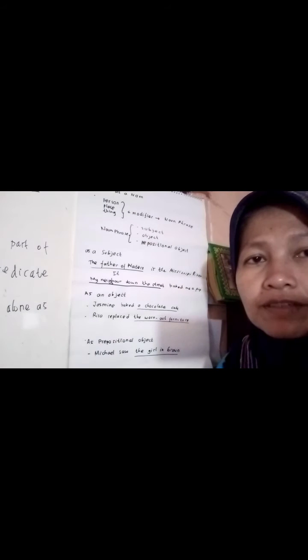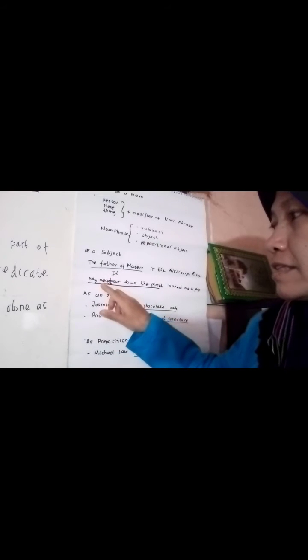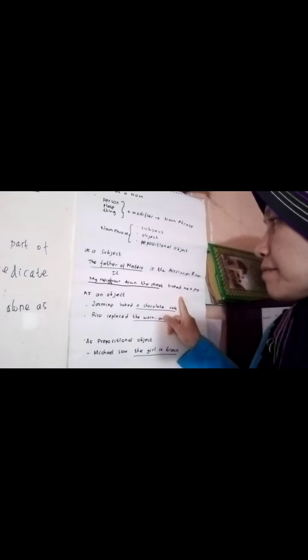The example of how to spot a phrase as a subject is the father. In this example, the father of waters is the Mississippi River. If we want to spot whether it is a phrase or not, we can replace it with the pronoun it. Another example is my neighbor down the street baked me a pie.